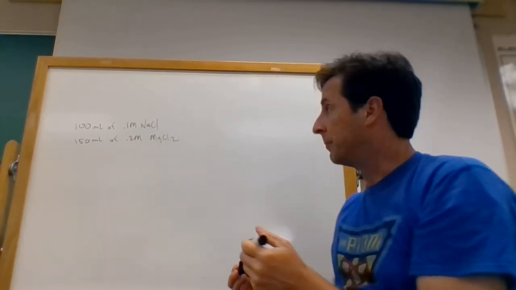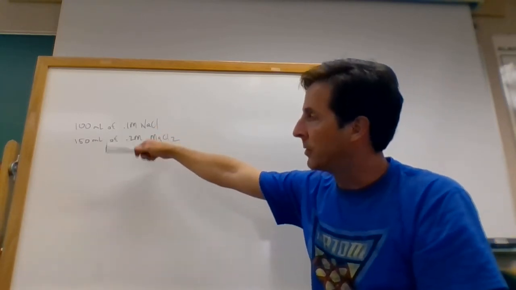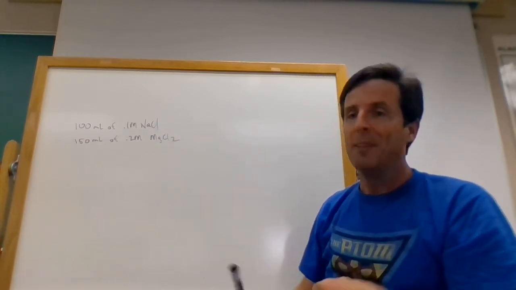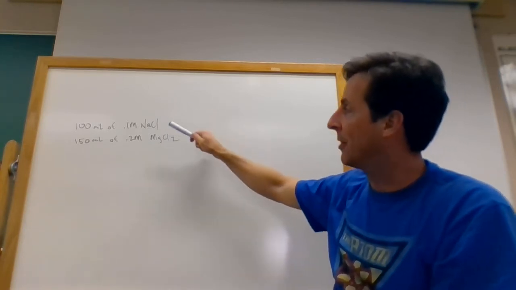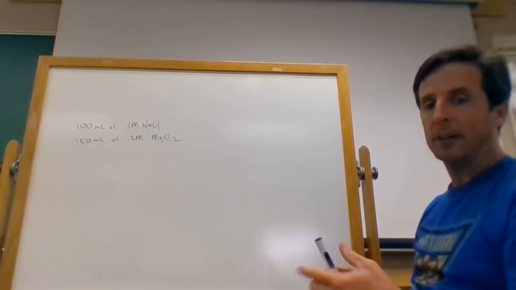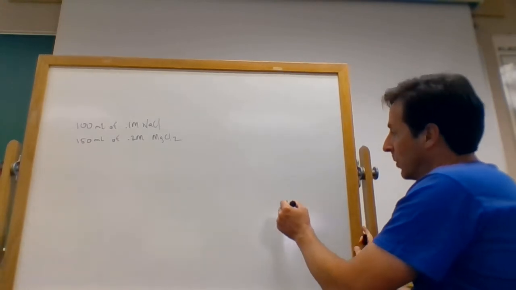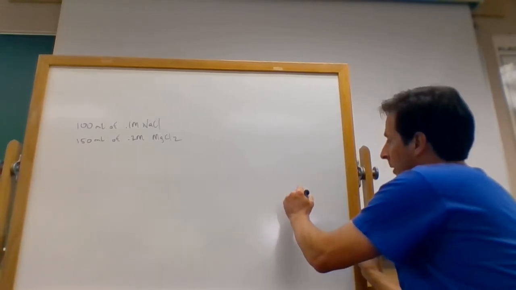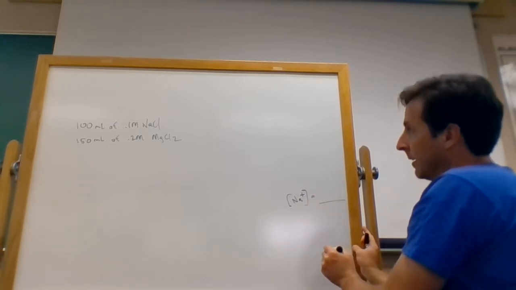All right, so this time, again, I see that it's not equal parts, so I can't do my shortcut. And I've got two different compounds here. So once I mix these together, it wants to know the concentration of all the ions, so I need to think about what the ions are. The first one is going to give me some sodium, so I'm going to have Na+ concentration that I need to find.